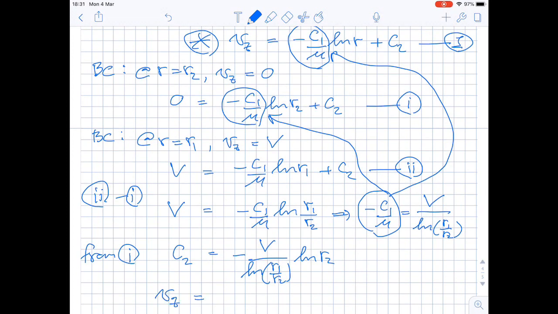So Vz supposed to be equal to minus C1 over mu, which is V over logarithm ratio R1 over R2, times logarithm of R, plus C2, which is minus V over logarithm ratio R1 over R2 times ln of R2.